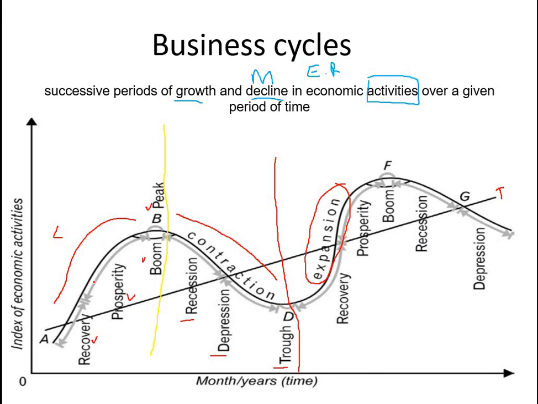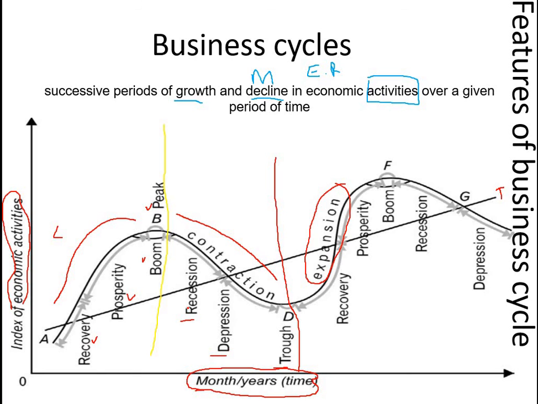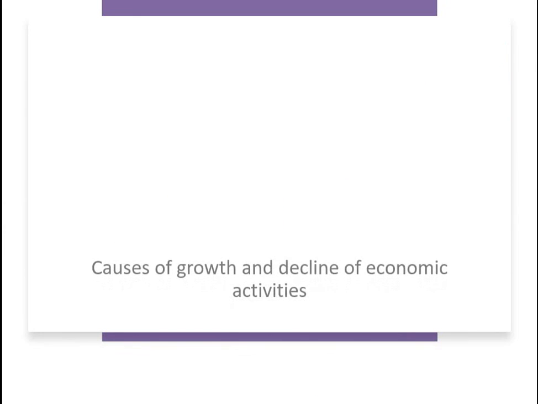On the horizontal line you have your time, or your years, or your months, and here you have the index of economic activities. So we're going to talk about the features of business cycles.